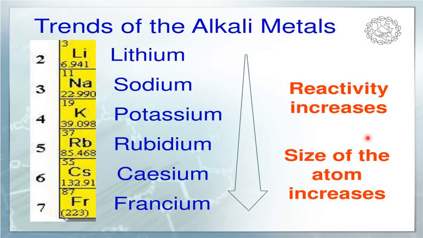Now let's go to some trends. Trend is how they behave in a group, not as an individual. See, in chemistry, as an individual they behave differently, and in a group they show different properties. So there are two types of properties: group property and individual property. How we behave in a group and how we behave as an individual, like that.